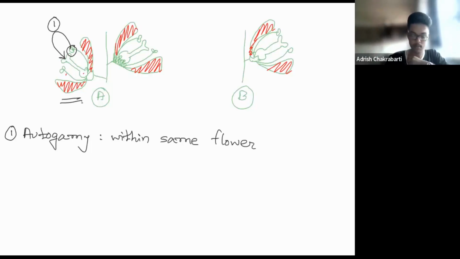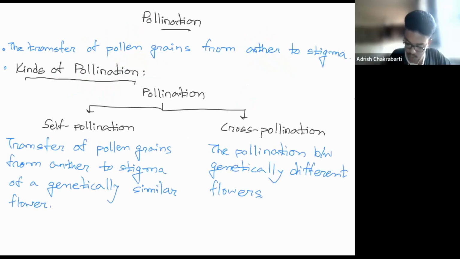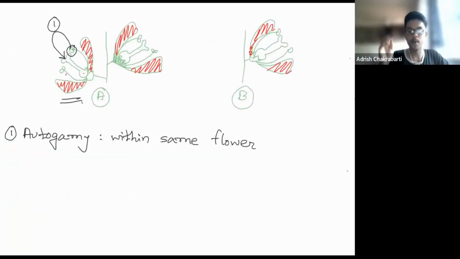Why? Because as we are talking about a single flower, they are genetically identical. So if you observe over here, what does it say? From anther to stigma of a genetically similar flower. So autogamy is a form of self-pollination. Next, what can happen? The pollen grain from this particular anther may travel all the way to here. So what is happening?